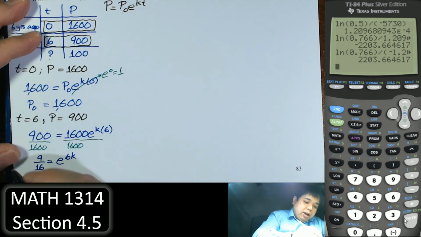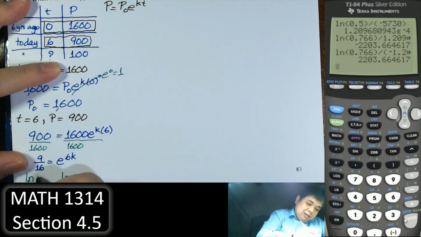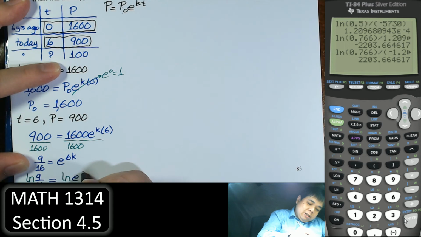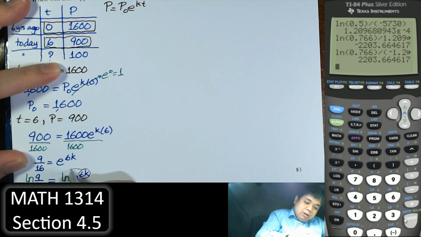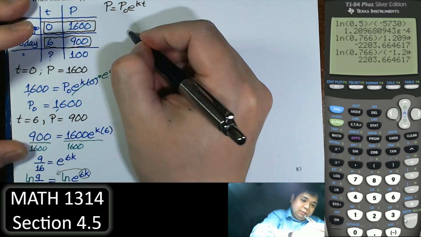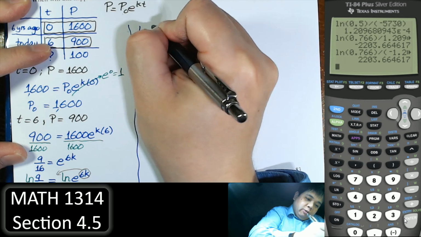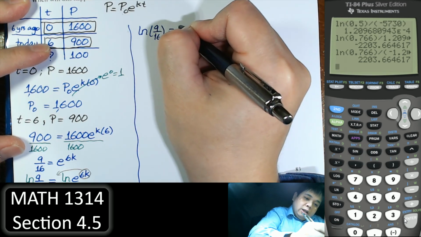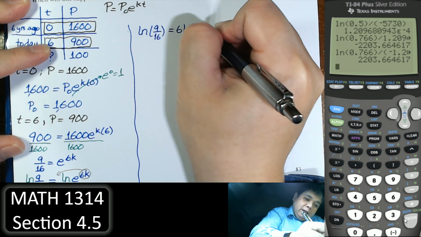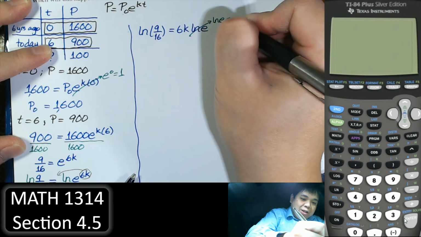I can take ln on both sides. So that allows us to bring down the exponent. So we have ln of 9 over 16 equal to 6k ln of e, and ln of e is 1.